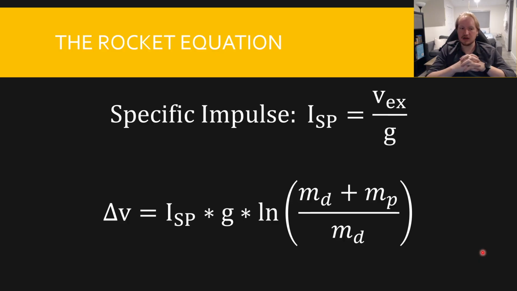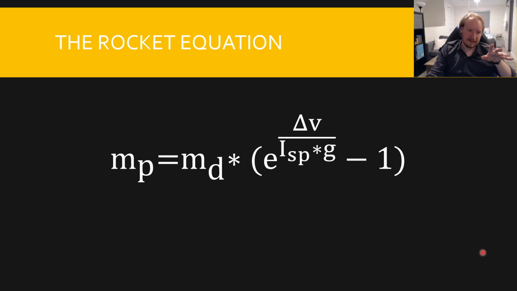Again, we'll go into that later. This equation lets us find that total change in velocity based on the efficiency of the system times that final over initial mass, and we don't have to worry about the exit velocity of the particles in the thruster.